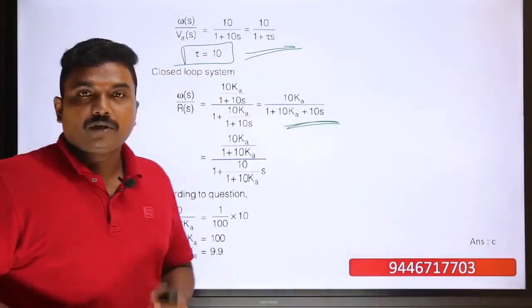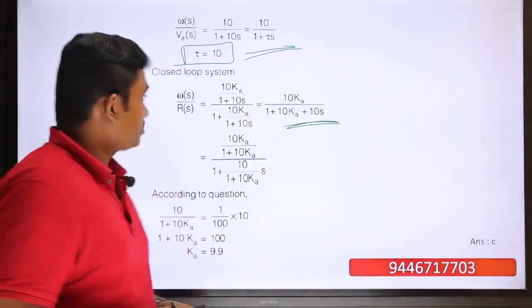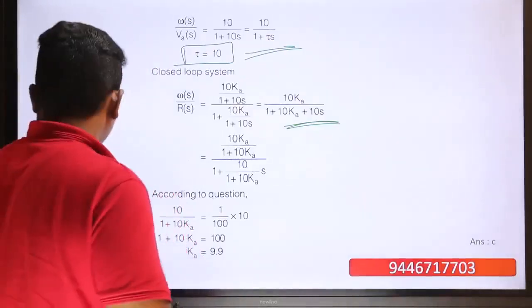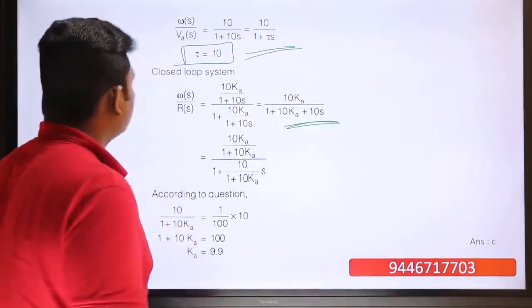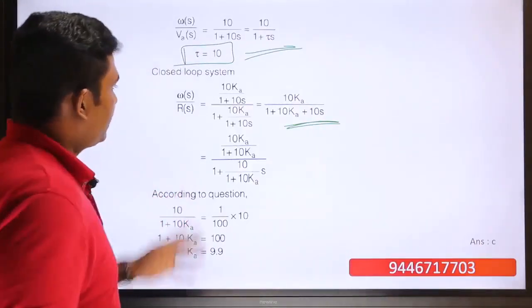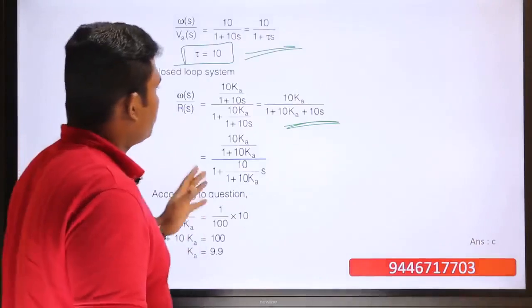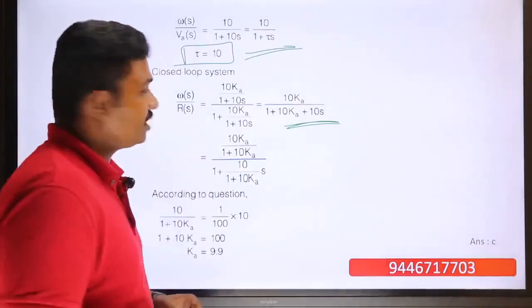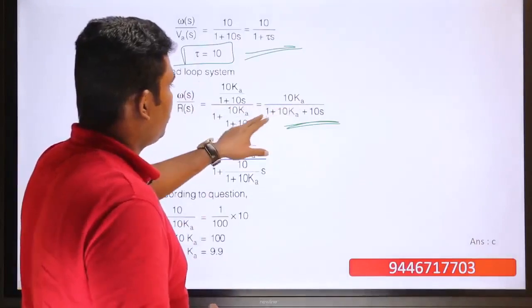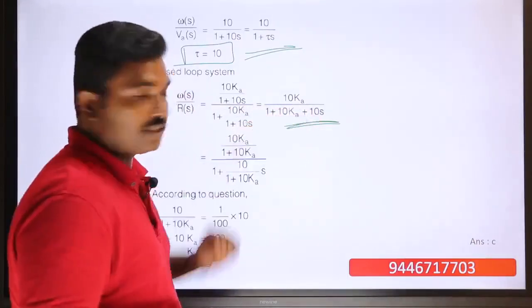So continuing with our discussion for this question. Now omega s divided by R of s equals 10 Ka divided by 1 plus 10s, divided by 1 plus 10 Ka divided by 1 plus 10s. So solving this expression, you will be getting it as 10 Ka divided by 1 plus 10 Ka plus 10s.